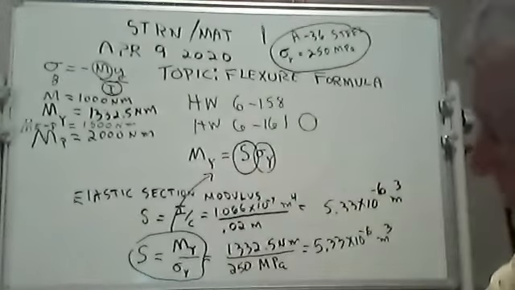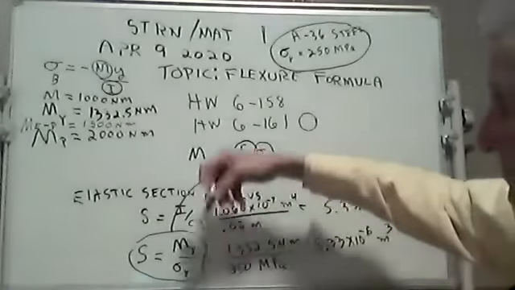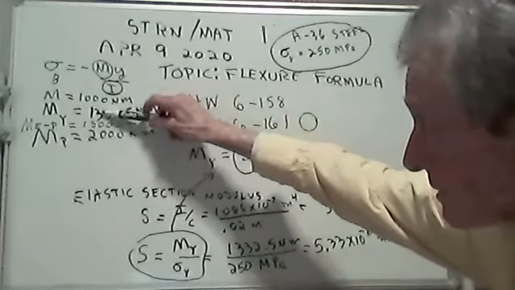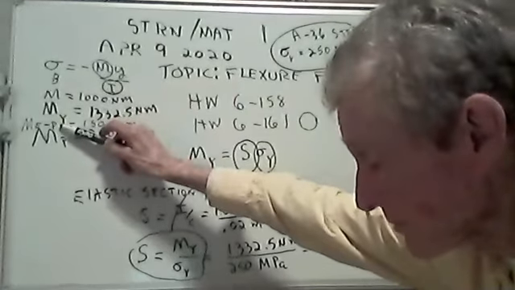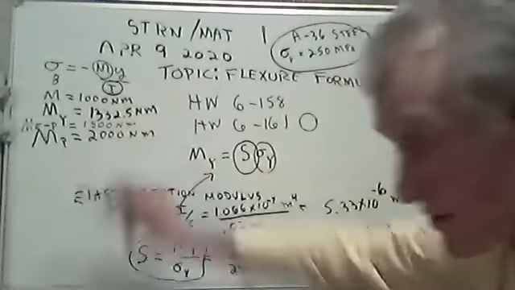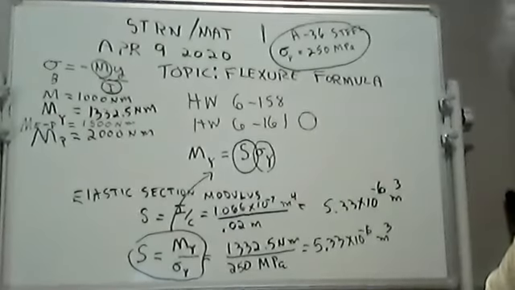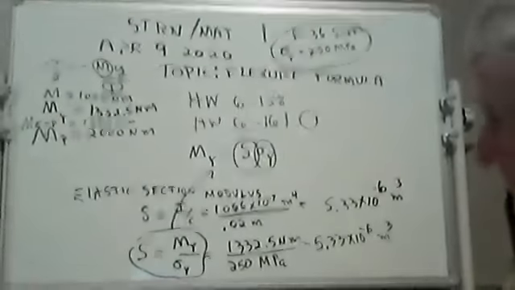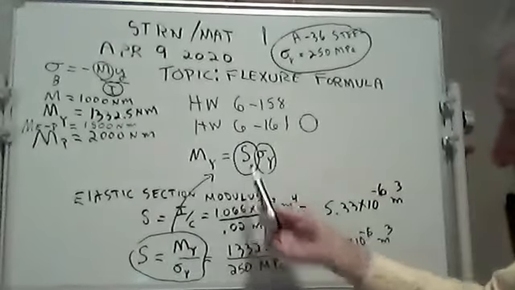If the bending moment exceeds that, you start going a little bit plastic, because you'll go from elastic to elastic plastic. And if you keep increasing the bending moment, you'll go fully plastic, and then the beam collapses and people could die. People could die. So that's a pretty nifty thing, that elastic section moduli.